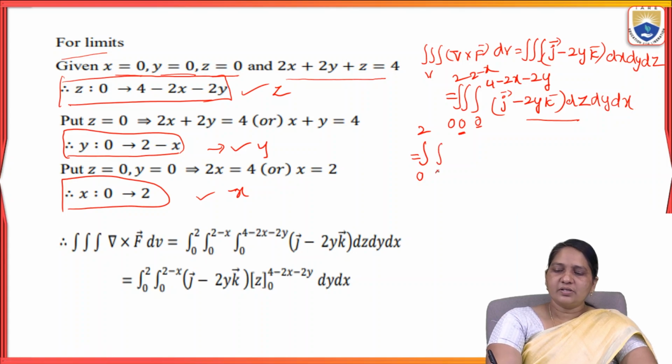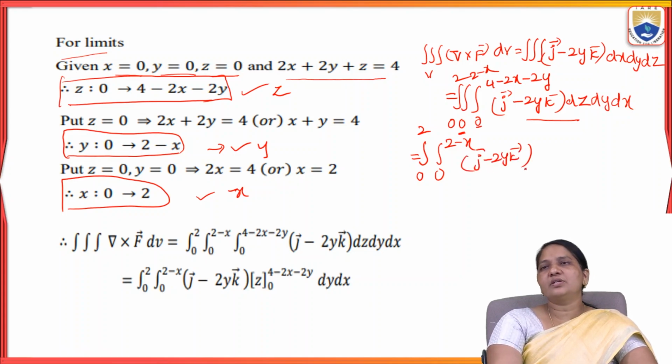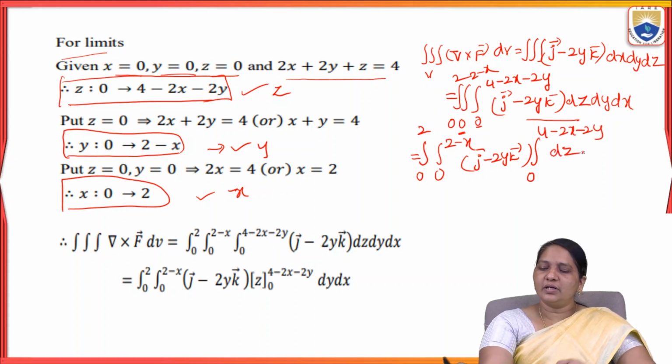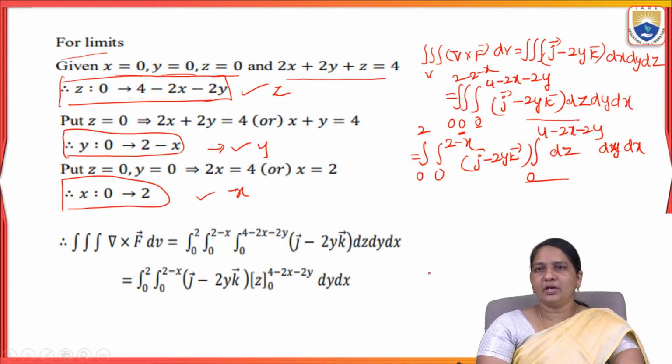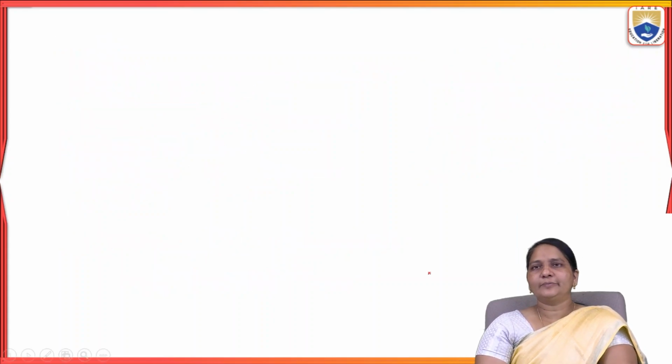So integral 0 to 2, 0 to 2 minus x, j bar minus 2y k bar. Here there is no z terms, that means the constant we can keep out. Integral 0 to 4 minus 2x minus 2y of dz, and dy dx. So first I will do this integration, after that I can go to the next step.